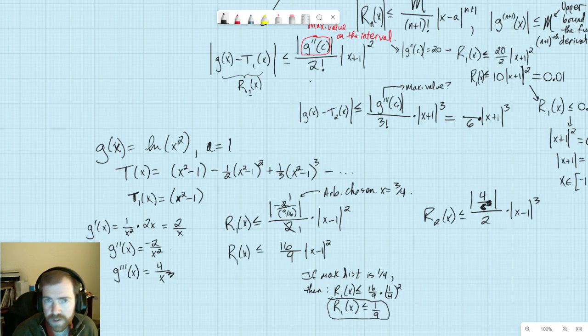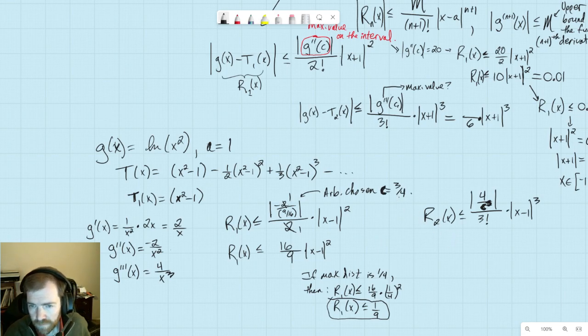And that's not a 2, that's a 6. 3 factorial. 3/4. And that allows us to define the max distance. So R2 of x is going to be less than or equal to, this is going to be 6. 4 over 6 is going to be 2/3.